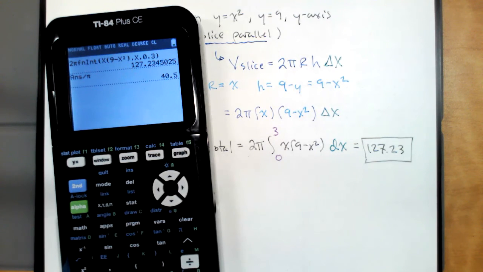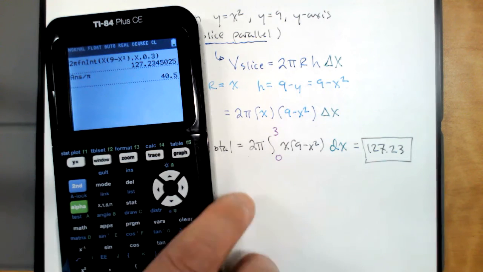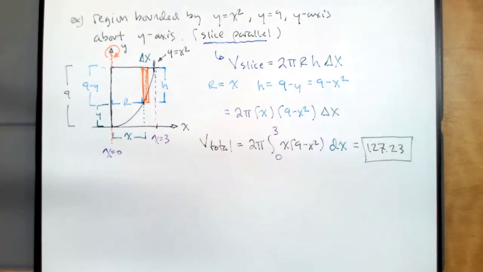81 pi over 2. Any questions? Everybody okay?